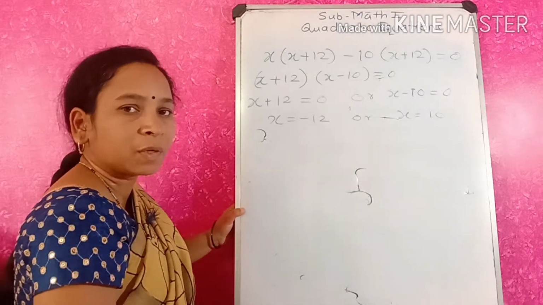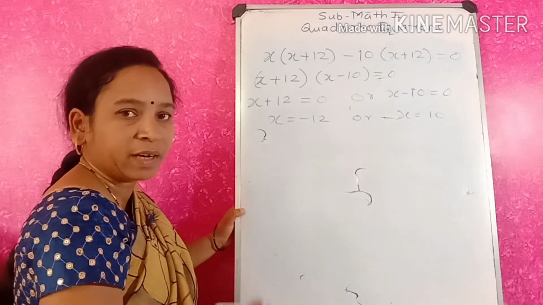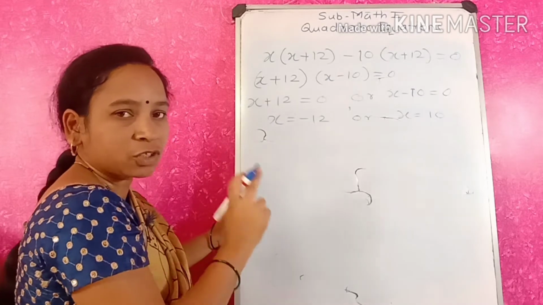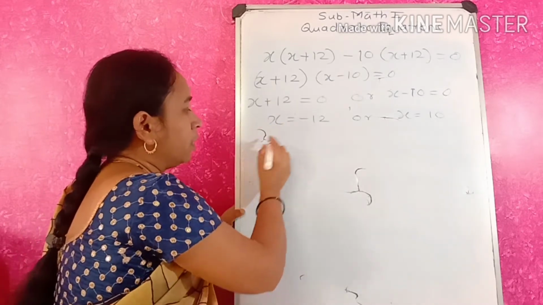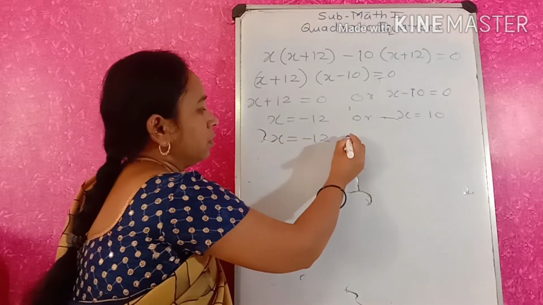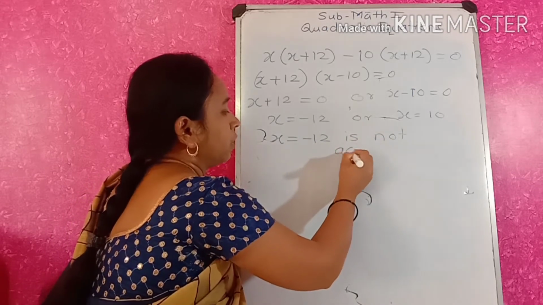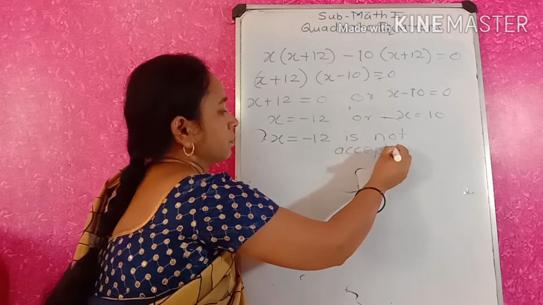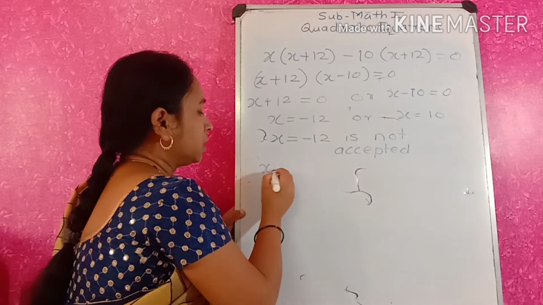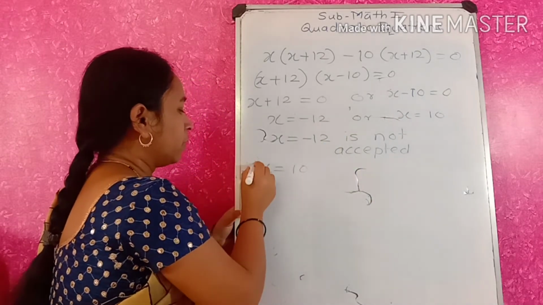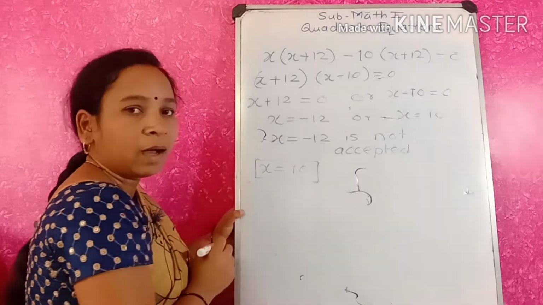Here in this example they have said that x should be an even natural number. So x is equal to minus 12 is not acceptable. So what is the answer? x is equal to 10. So therefore x is equal to 10 would be the answer.